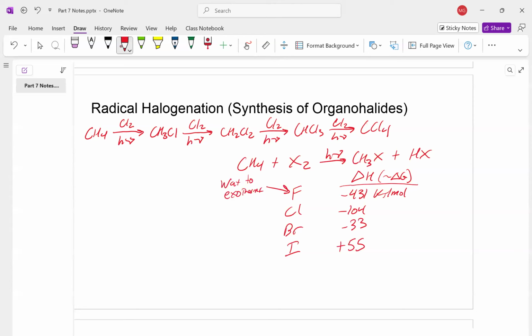And if you look at iodine, that reaction won't be spontaneous. So using fluorine or iodine to do these reactions is impractical because one's way too reactive and the other one's not reactive enough. So the sweet spot seems to be here with chlorine and bromine. So you will see reactions using those.